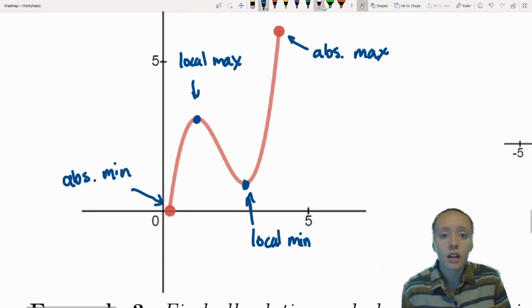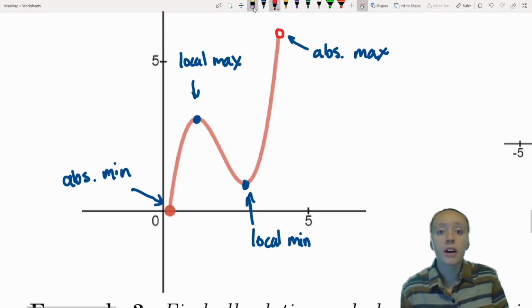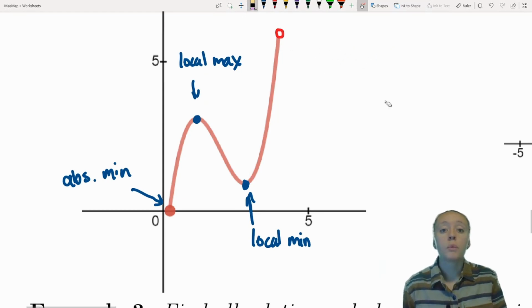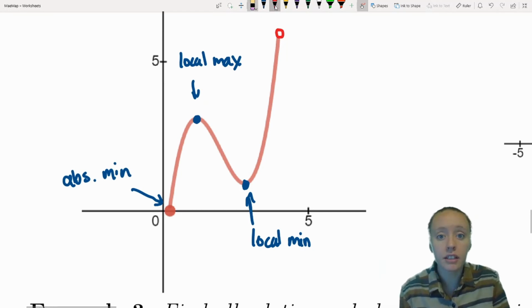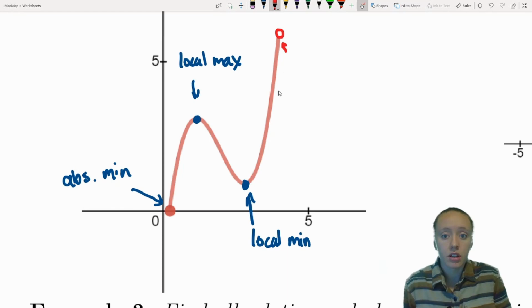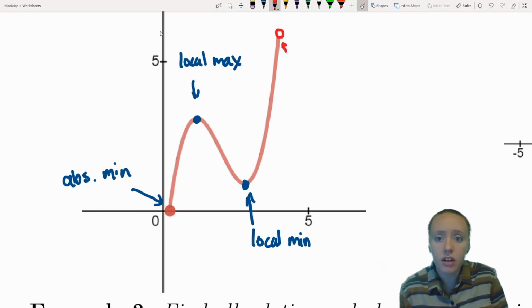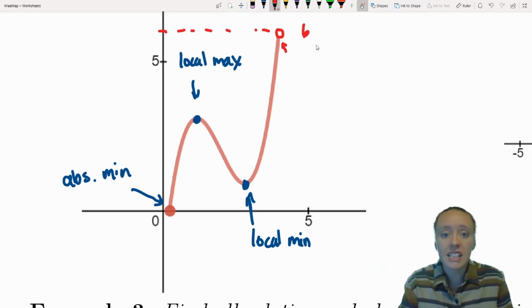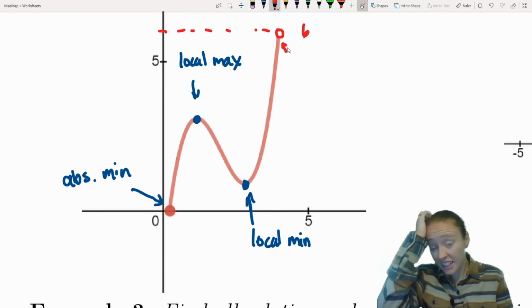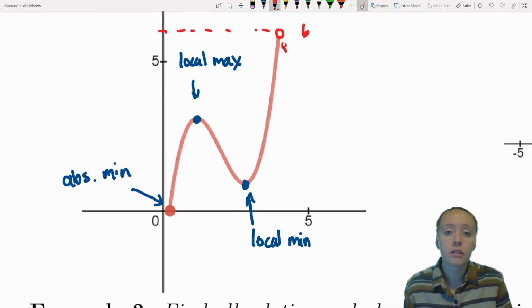Now I want to note, think about this. What if we didn't have this endpoint filled in and it was just some open circle? Well, if it was just some open circle, then we would not have an absolute max for this problem. Because what is that value that is the greatest value? Let's pretend that this is roughly, let's say 6 in the y. What exactly is that absolute maximum?